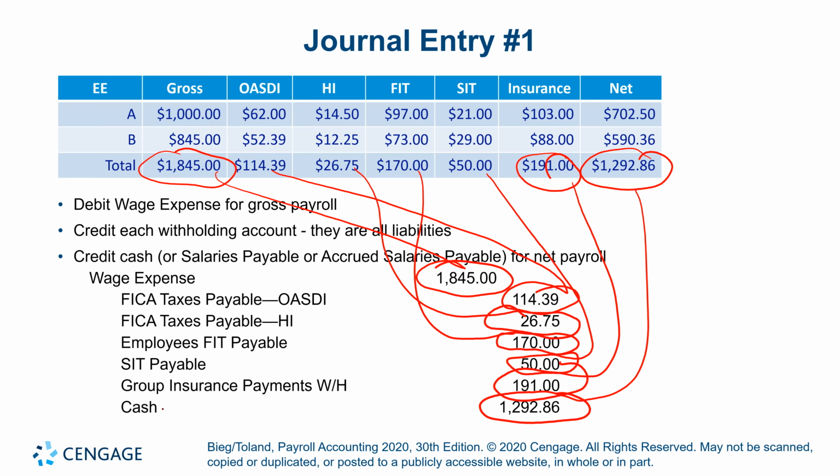And generally speaking, I know they have a credit to cash here, but if it's wage expense, usually we would say wages payable, because generally speaking, we don't record payroll the day the employees are getting paid, right? Usually we do payroll a week in advance or something, and then they get paid the next week. So it stays in wages payable until payday, right?